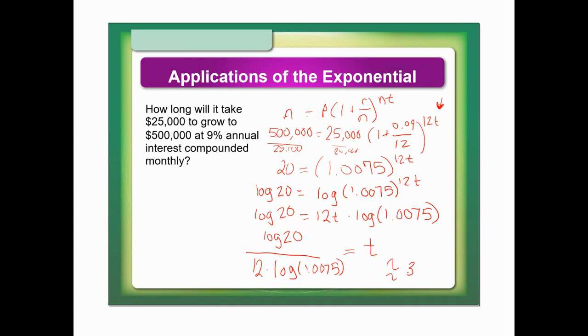So it's about 33 years. Normally, with word problems, you want to round to the nearest year. Since it's not 33.5, most of the time we're going to use the rule of 5 or more, round up; less than 5, round down.